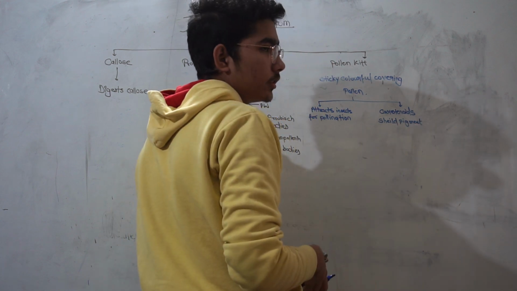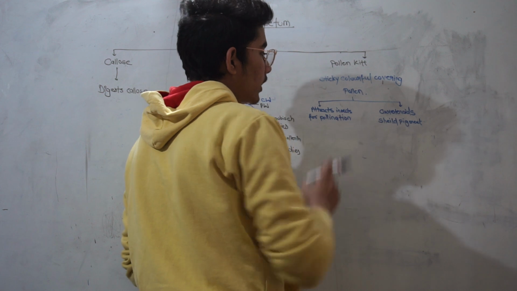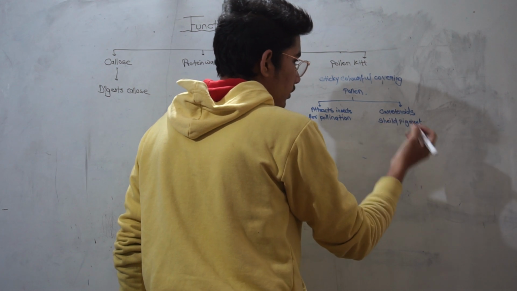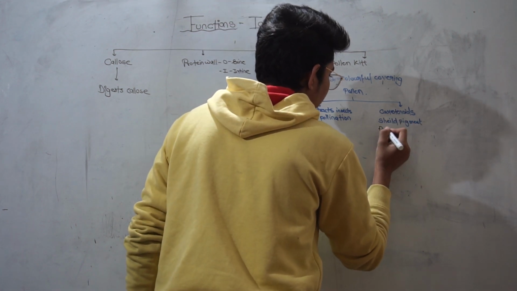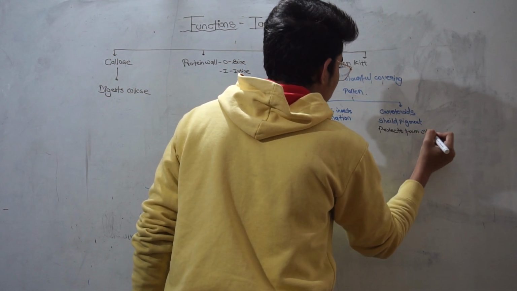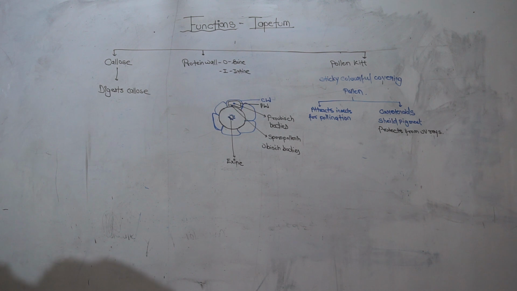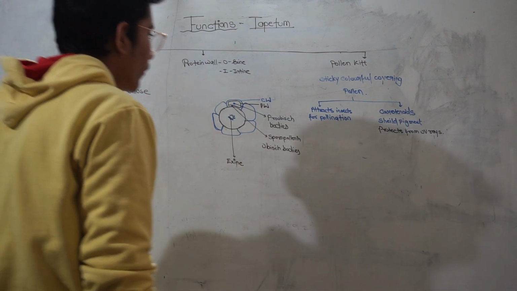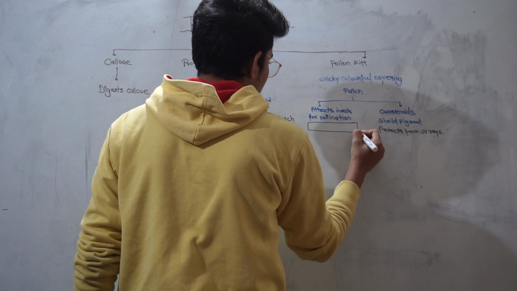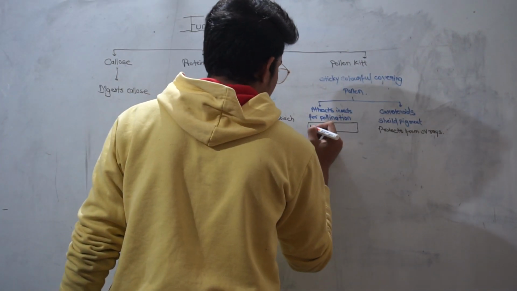From whom does the carotenoid, the shield pigment, protect? It protects from UV rays. Insects for pollination, you can see this in most of the entomophilous plants.